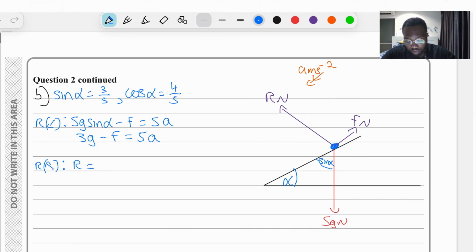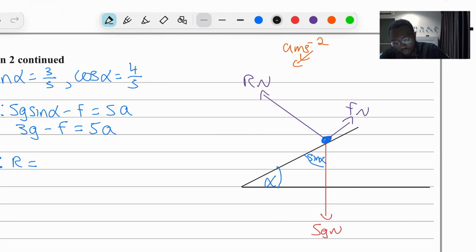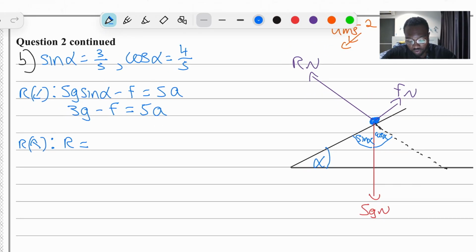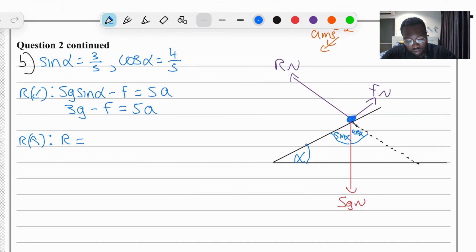Well, we do have an opposing force, the 5g. If we zoom in a bit and draw my dotted line here, this 5g will also have a component in that direction, and that will be cos, because we have sine in the other way. So R is equal to 5g cos alpha.